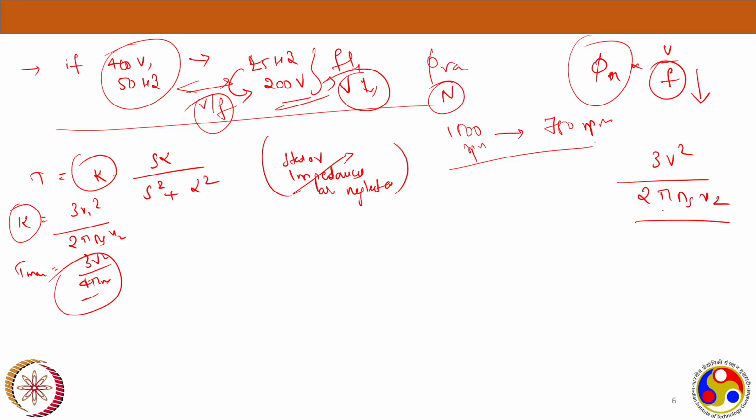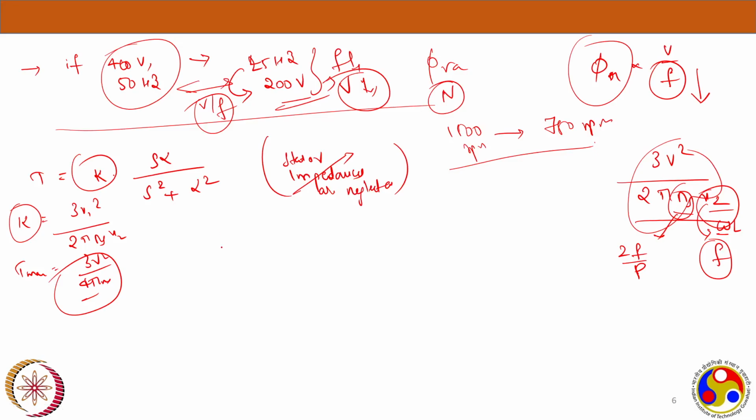If you go back to the derivation, you will see in the denominator you have an X2 and ns. Now ns is already a frequency dependent term, that is 2f by p. X2 is also frequency dependent. It is an omega L reactance, where omega is 2 pi f. There is another f dependent term. Apart from that, everything is constant in this one. We are not varying the supply voltage.